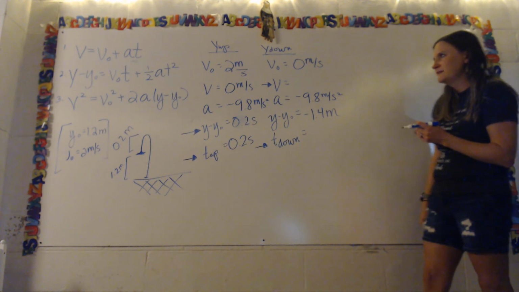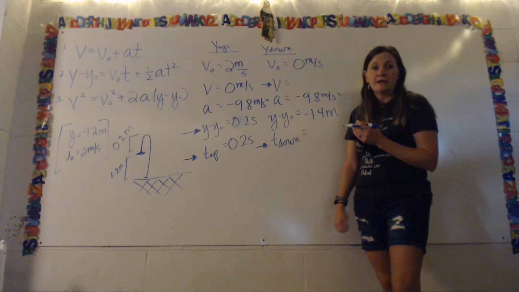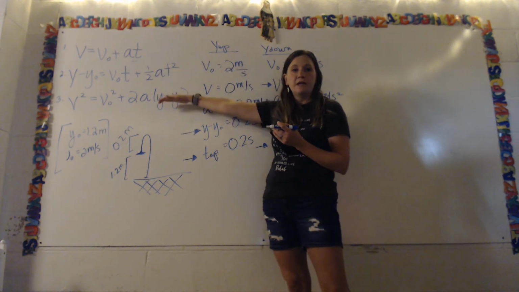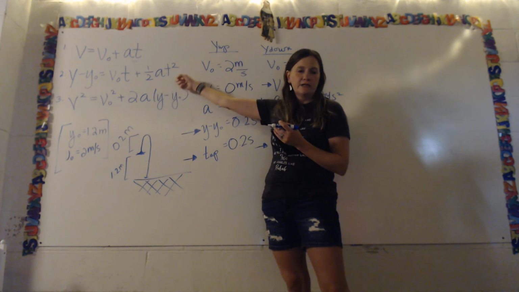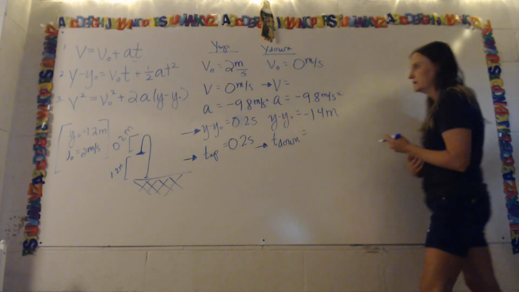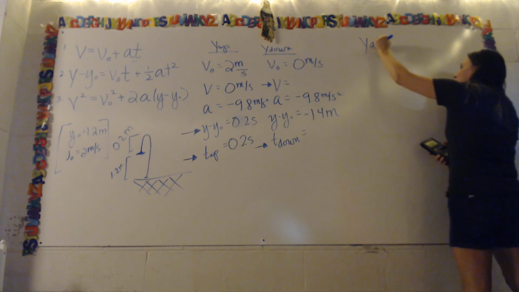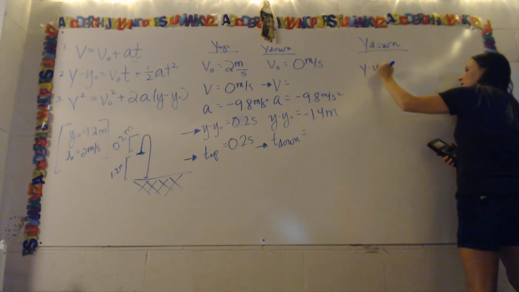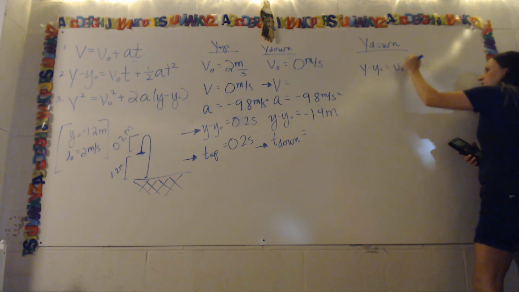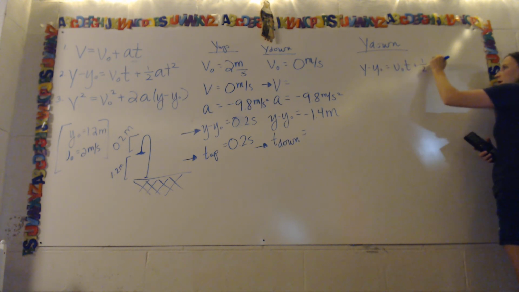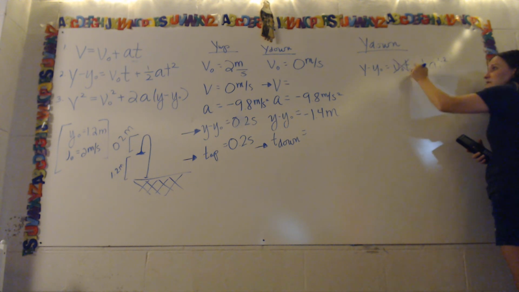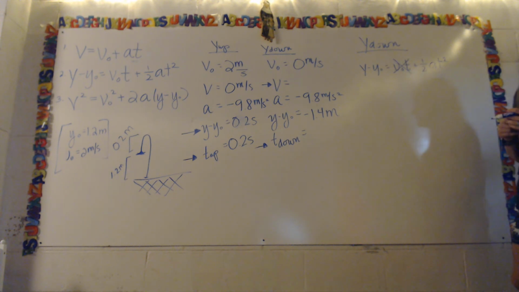So if I want to find time and I don't know my final velocity yet, and I have this list of equations in front of me, I'm going to go with the second equation. The second equation does not have final velocity in it. So I'm working with y down now. And I'm going to say y minus y naught is equal to v naught t plus 1/2 at squared. Now, coming down, the initial velocity is 0. So v naught t cancels out.